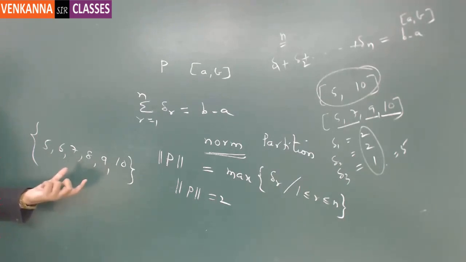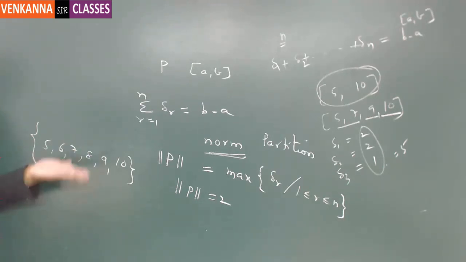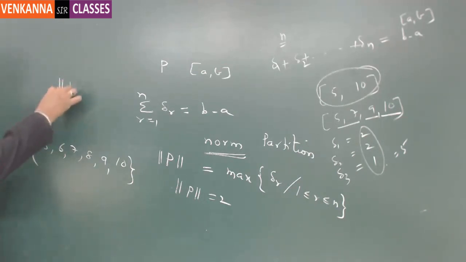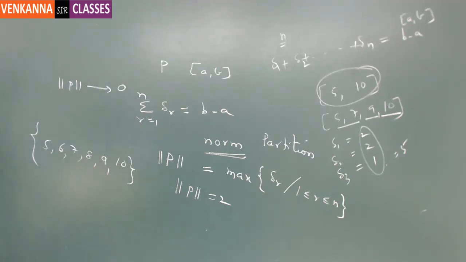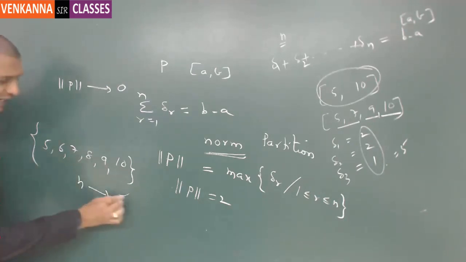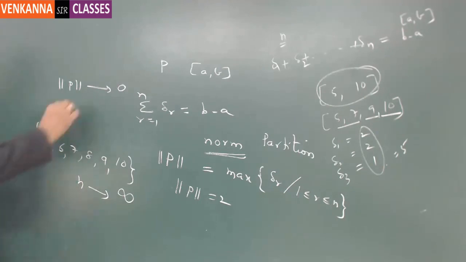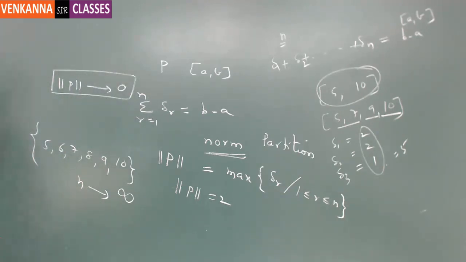So as the number of values goes on increasing, the norm will be tending to 0. Earlier I have taken n segments; if I take an infinite number of segments, the norm of the partition will be tending to 0. So that thing we should know.